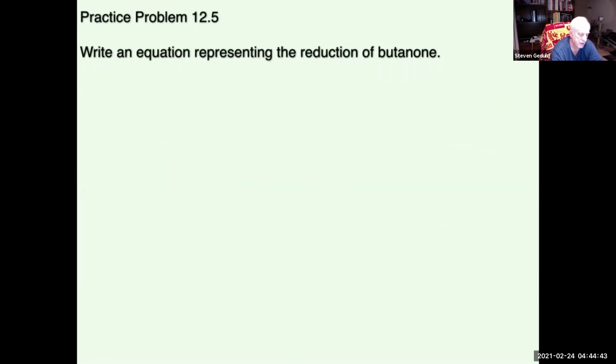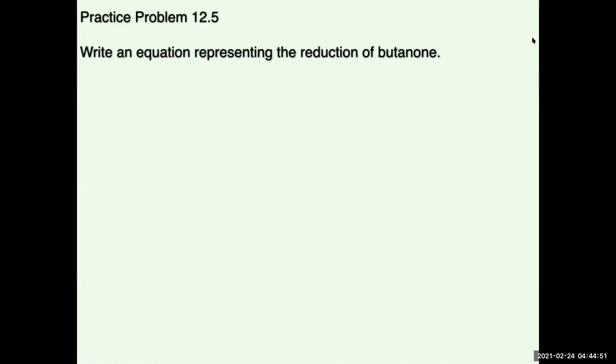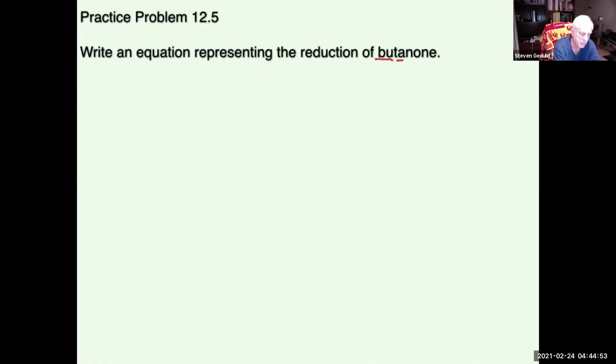Okay, reduction of butanone. Okay, butanone is how many carbons? 4. 4 carbons, all single bonds, and it's a ketone. So let's make 4 carbons.